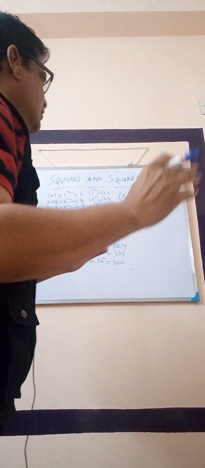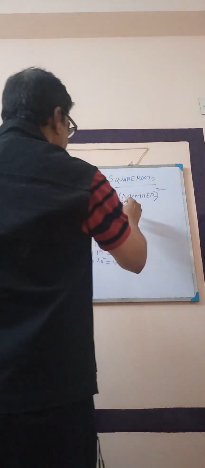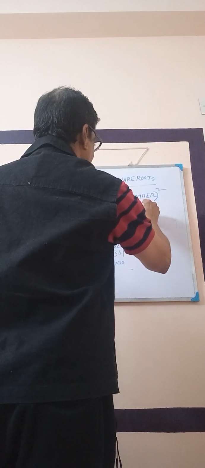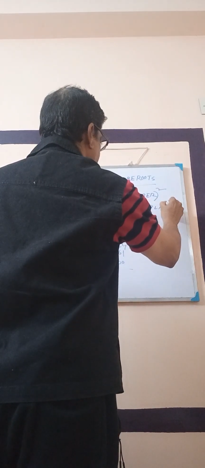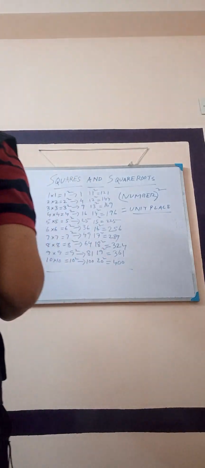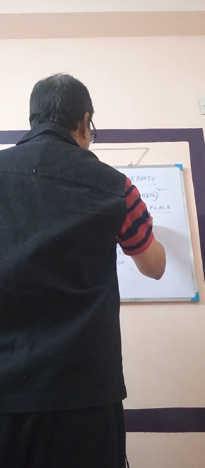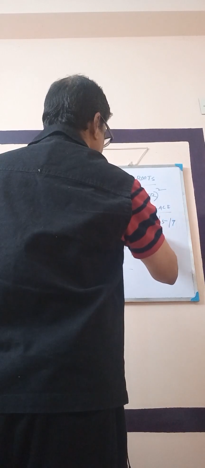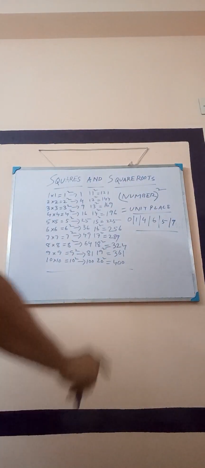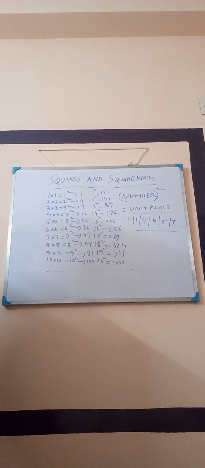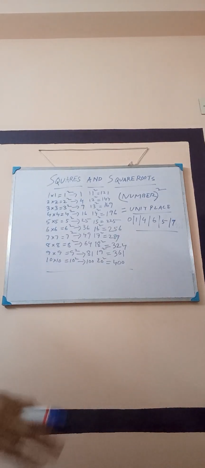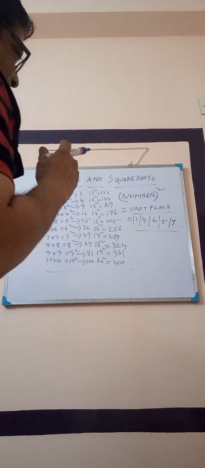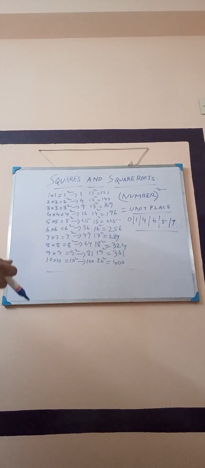Now if I do the square of any number, then in the unit place of the result I will always get either 0 or 1 or 4 or 6 or 5 or 9. So these 6 numbers we will get in the unit place. If I square any number, we will get either 0, 1, 4, 5, 6, or 9.